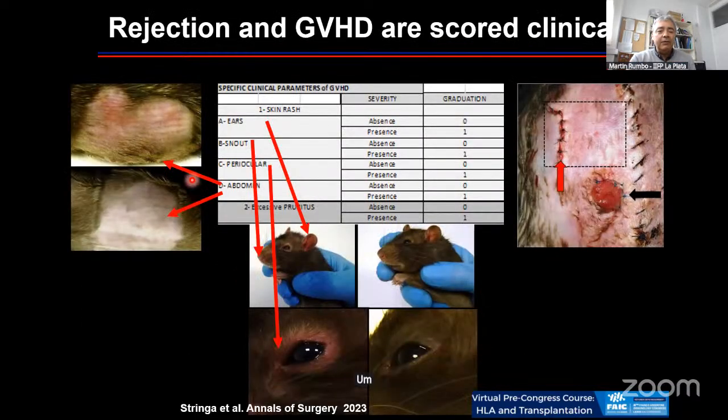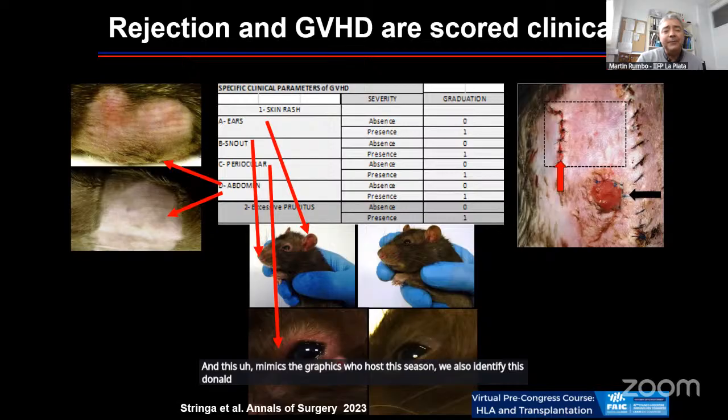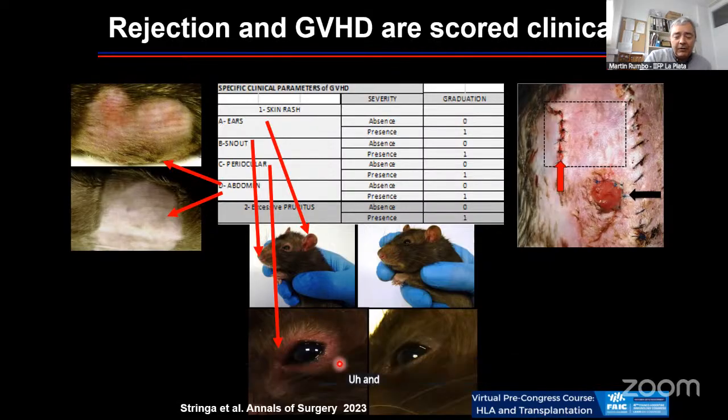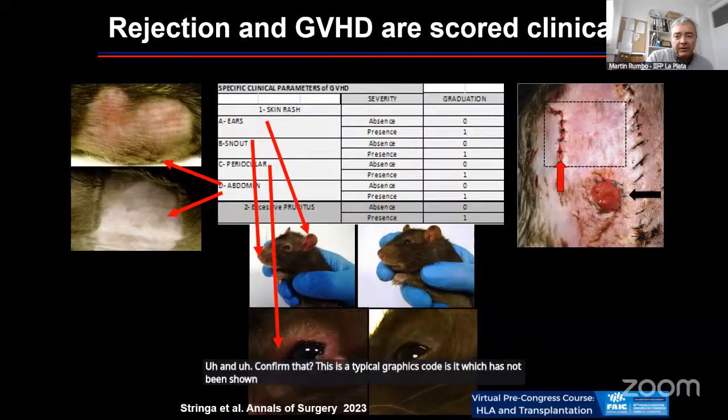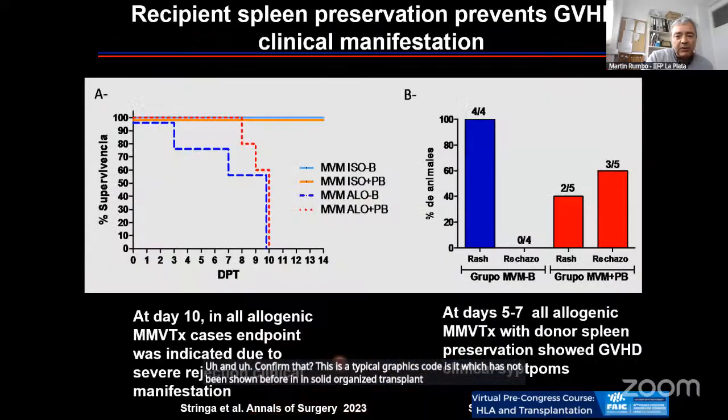We could observe in our model that 4 to 6 days after transplantation, there is a rash, and this mimics graft-versus-host disease, and we also identify donor-derived cells here, and could confirm that this is a typical graft-versus-host disease, which has not been shown before in solid organ transplantation experimental models.